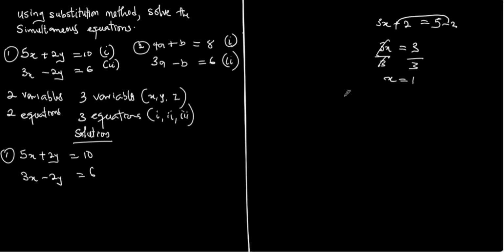Now, in our question, we have 5x plus 2y equals 10 in equation 1, right? Just like we had here, we can't add two terms together. We can't find the value of the unknown using two terms on one side.